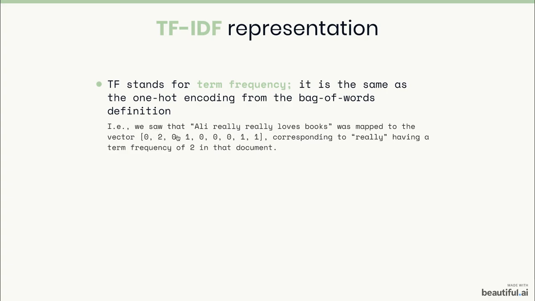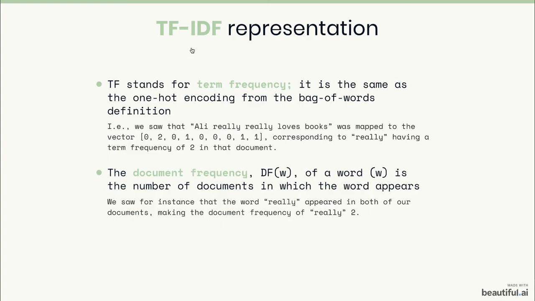This second entry was the word really. This is also the term frequency vector of that document. So it's the same thing as the bag of words. Instead of thinking of it as a bag of words, we think of it as counting the frequencies of the individual terms or words appearing in the document. But it's the same idea, same principle.